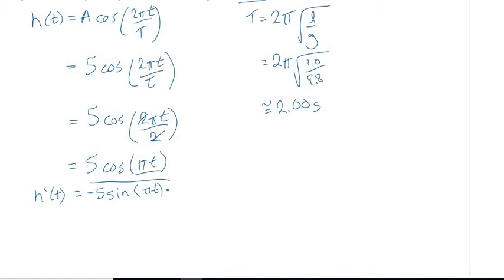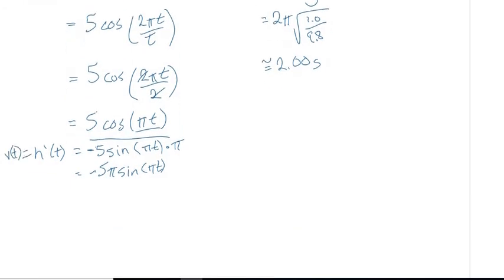So in this case, pi times t is linear, because pi is just 3.14. So we're just going to take the slope, and that's going to be negative 5 pi times sine of pi t. So let's call that v of t.